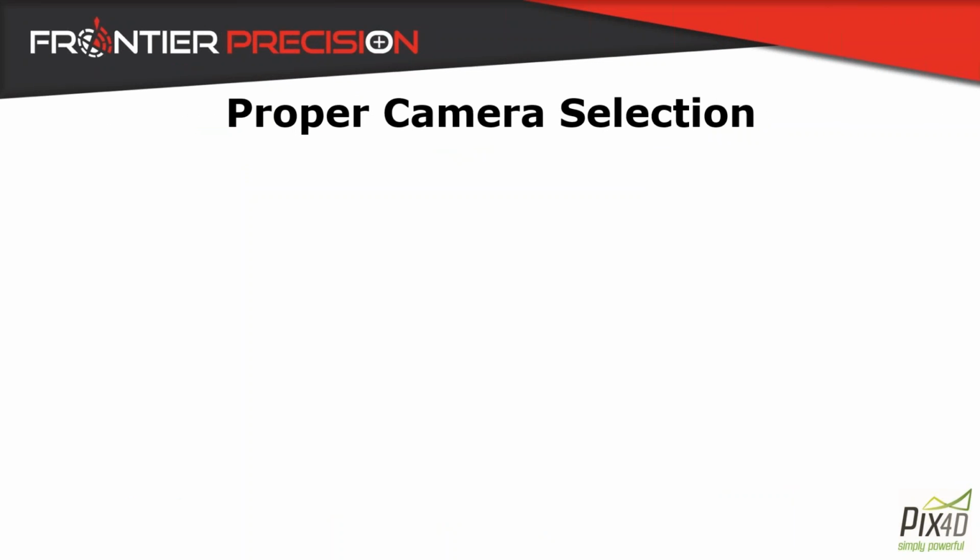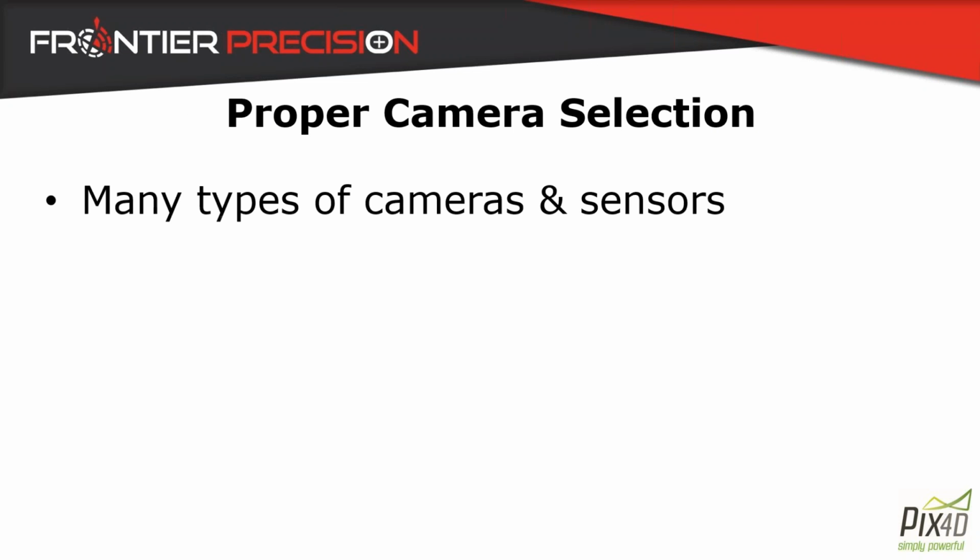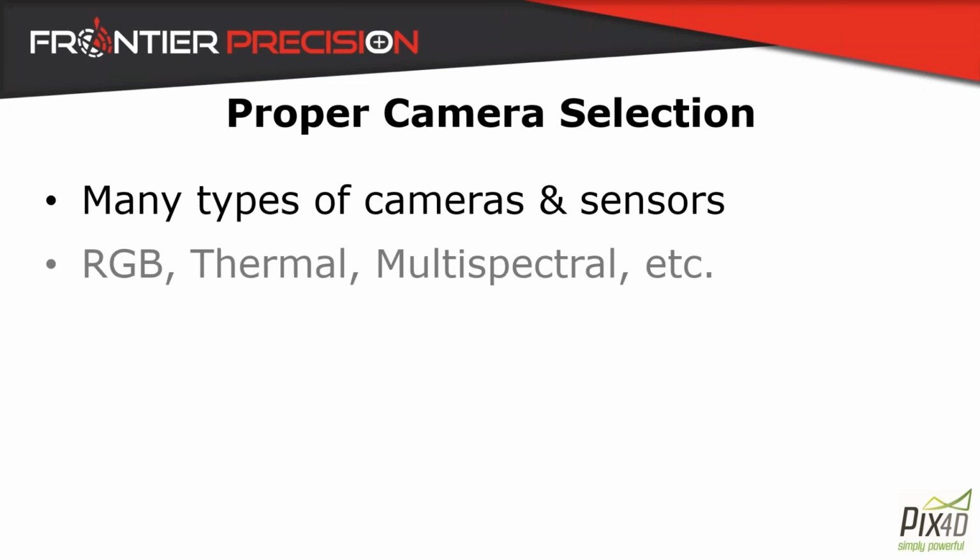Okay, so if we wrap all that in, we want to talk now a little bit about proper camera selection. Obviously, those of you who are doing some of this know that there are many different types of cameras and sensors out there, and there's a lot of differences between sensors and lenses. It can be daunting to go through all the information at times.